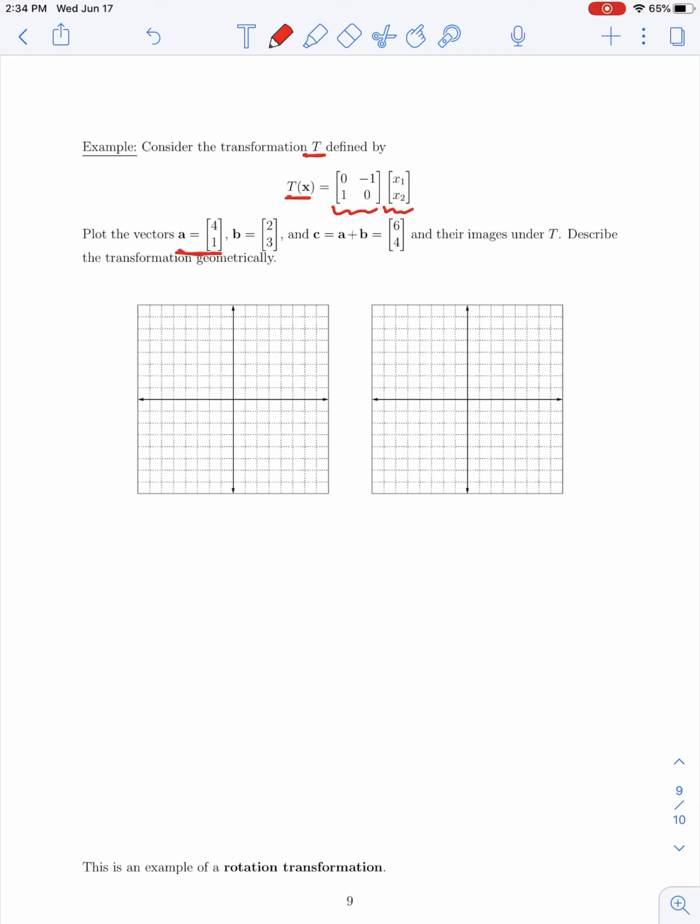Here we are asked to plot the vectors A, which is (4, 1), B, which is (2, 3), and C, which is the sum of A and B, which is (6, 4), as well as their images under the transformation T, and then describe this transformation geometrically. So starting with our first vector (4, 1), we have our representation shown here for the vector A.